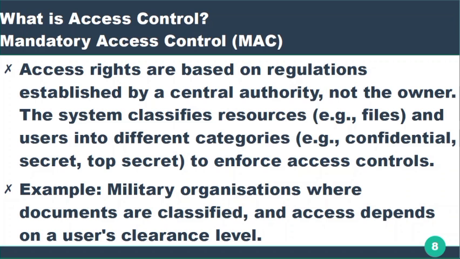Now we are going into mandatory access control, in which access rights are based on regulations established by a central authority, not the owner. You see this now, not the owner.